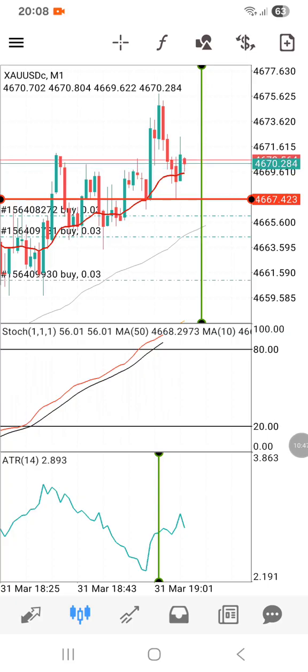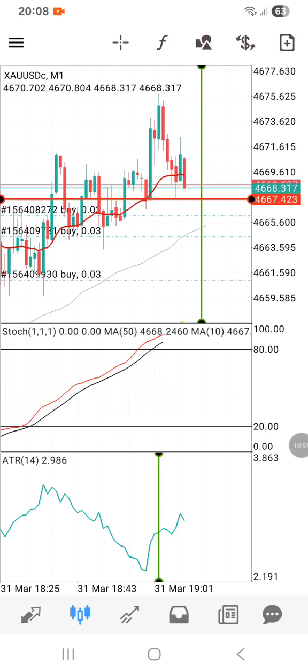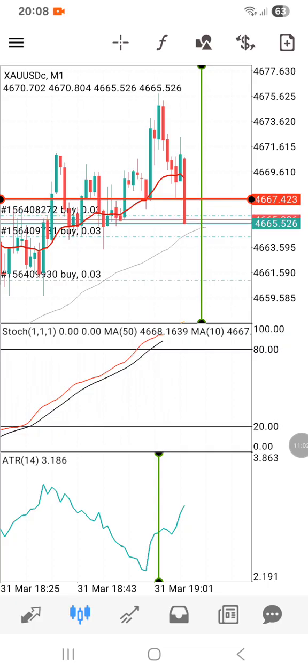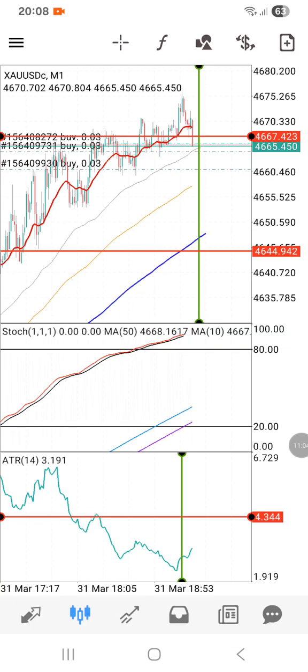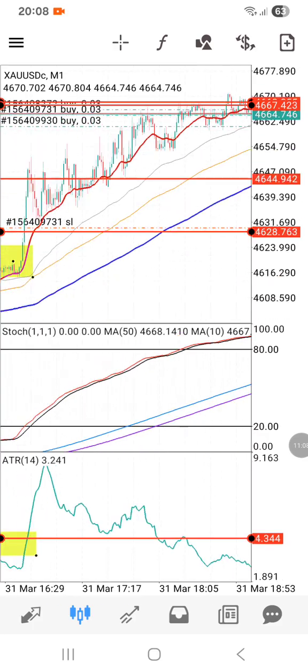The account will not last, but you need a substantial amount, and then you need to use small lot size to be able to trade gold at this volatility period. So that's that.